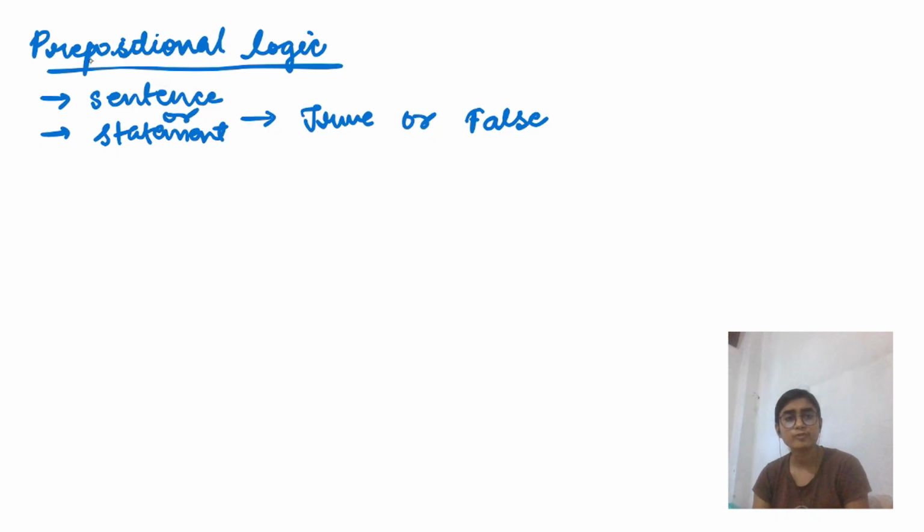And why do we use propositional logic? We use propositional logic to make our machine intelligent. It is a method of knowledge representation.